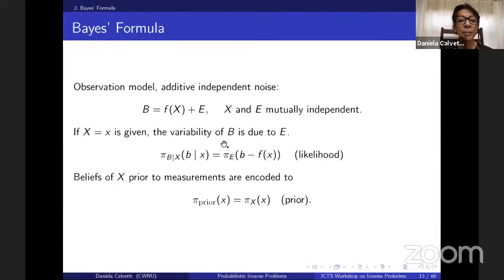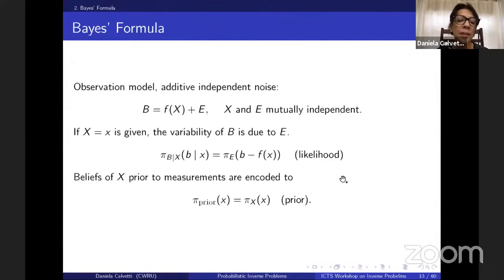Which means that if X is given, and that's expressed by this conditioning given X, the probability density function of B, so we are expressing it in terms of probability here, is equal to the probability density of the noise E, and this is going to be expressed in terms of the noise, and the noise is solved from here: it is B minus f of X.